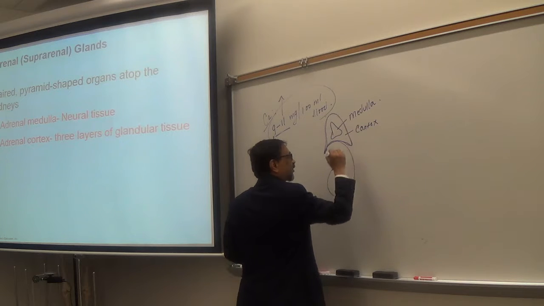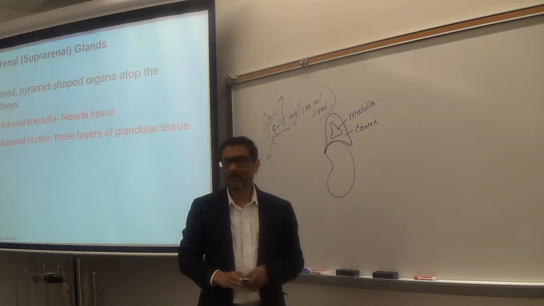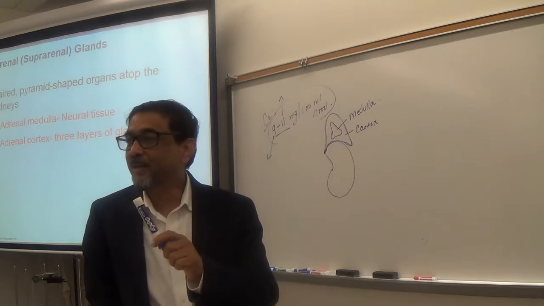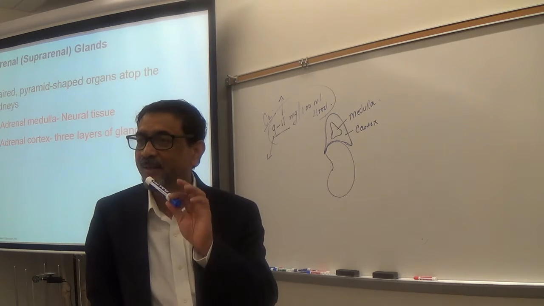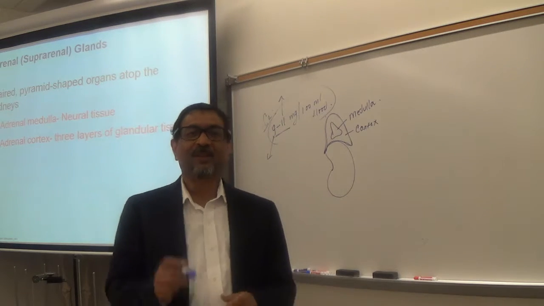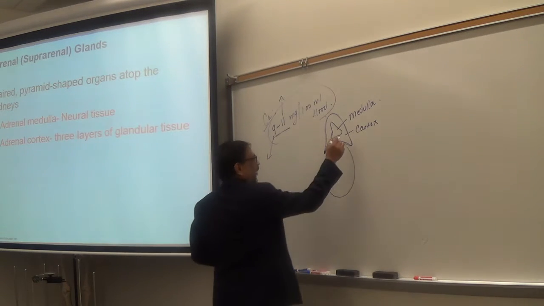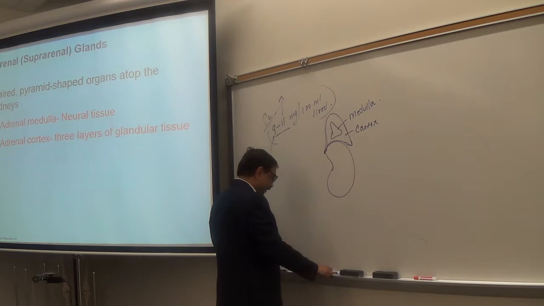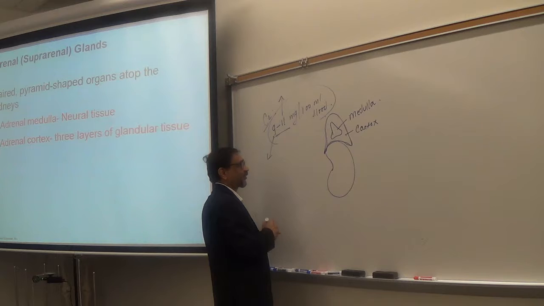So outer cortex, inner medulla. Make sense? Now you tell me, I mentioned it. The adrenal gland is considered how many glands in one gland? 4. Very good. So in the cortex part, you have 3 layers, and they are considered as 3 separate glands.